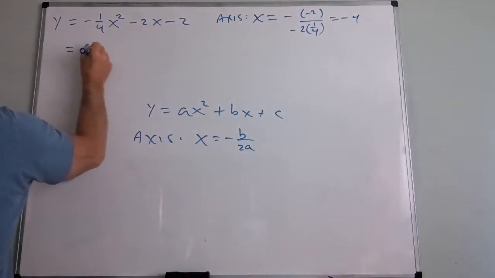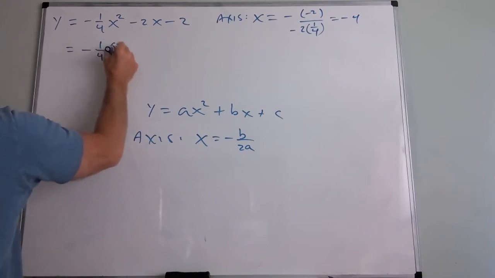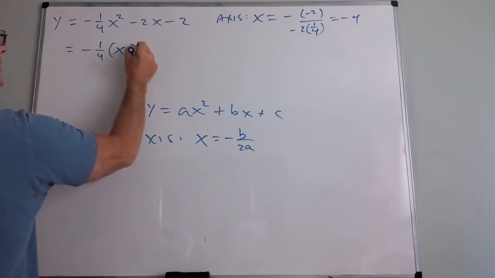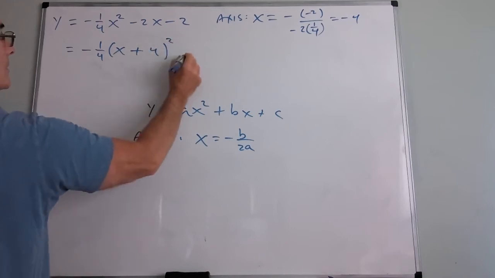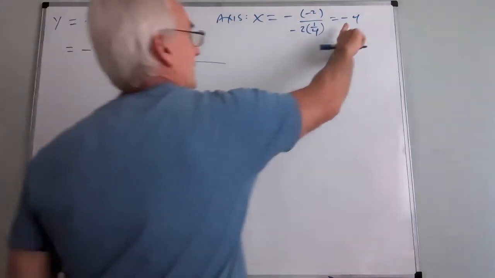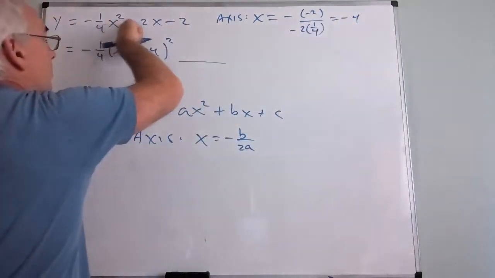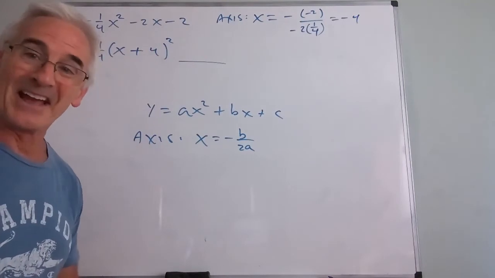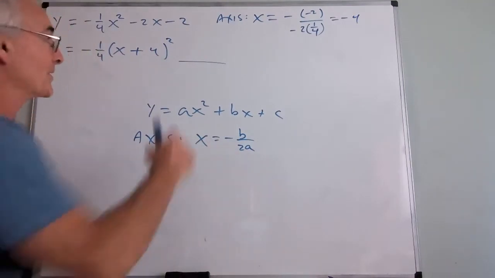Well, check this out. I'm going to go way out on a limb here. x minus negative 4 is x plus 4. Now all I have to do is figure out what goes here. How do I figure that out? Take the negative 4, put it in there, and whatever you get, that's what goes here.